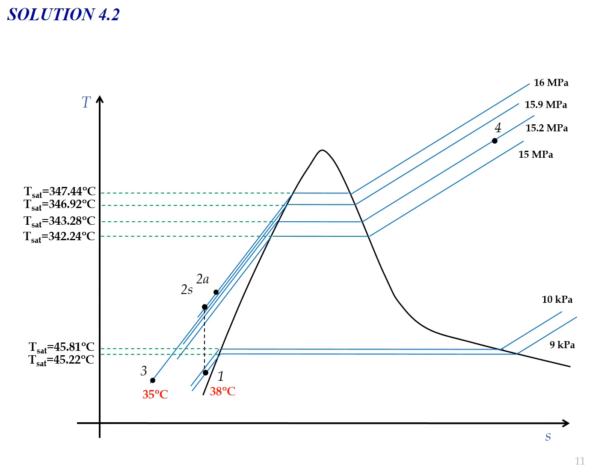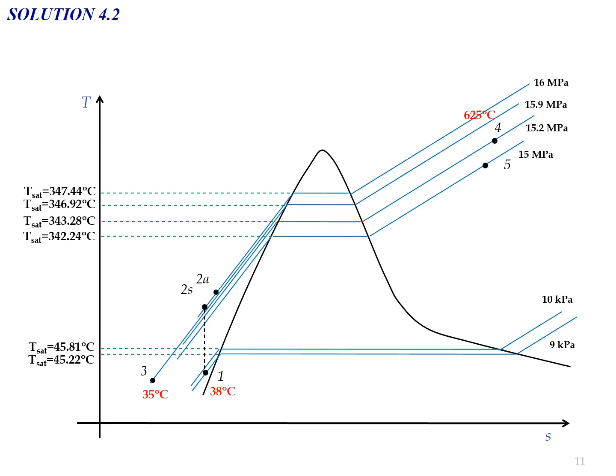For state number 4, we already know that the temperature is 625 degrees Celsius and the pressure is 15.2 megapascal. So easily we can plot the point for state number 4, and the point must be greater than the saturated temperature of pressure 16 megapascal, because the saturated temperature for 16 megapascal is equal to 347.44 degrees Celsius.